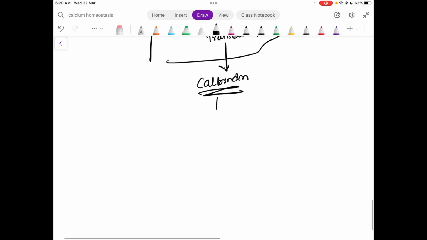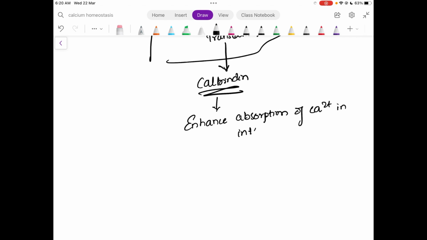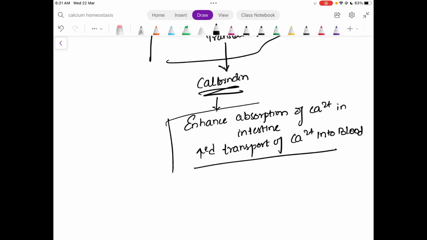calbindin. And this calbindin will enhance absorption of calcium in intestine, and it also causes increased transport of calcium into blood from intestine.